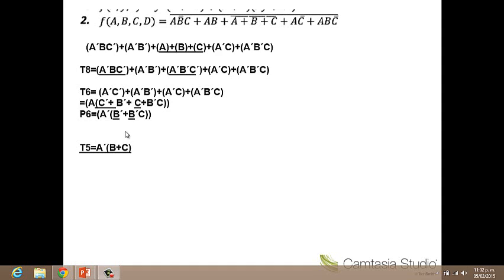Then we use theorem 5 with letter b negative plus b negative c, and the answer is letter a negative and b plus c.